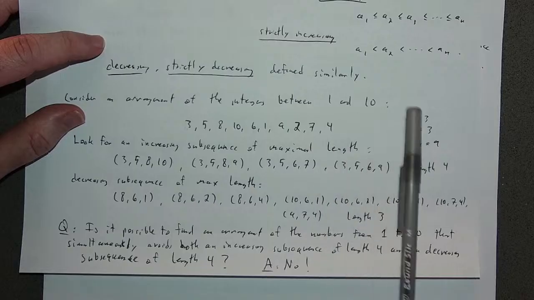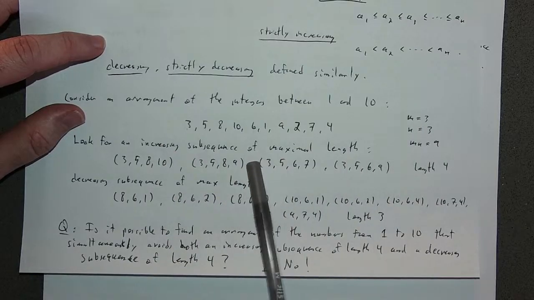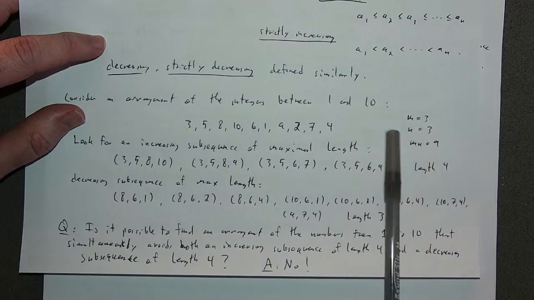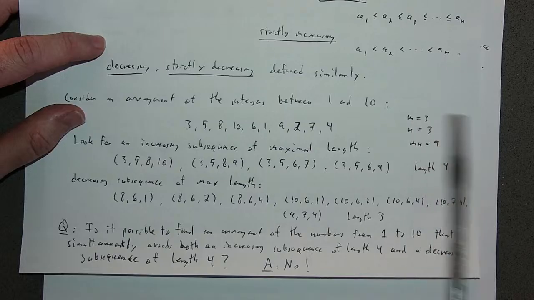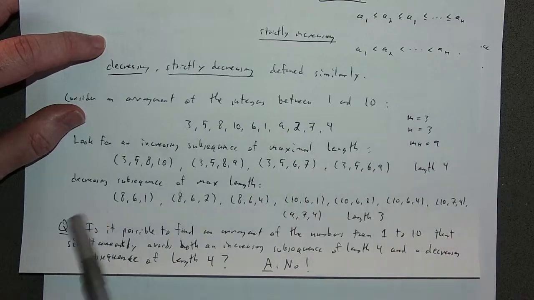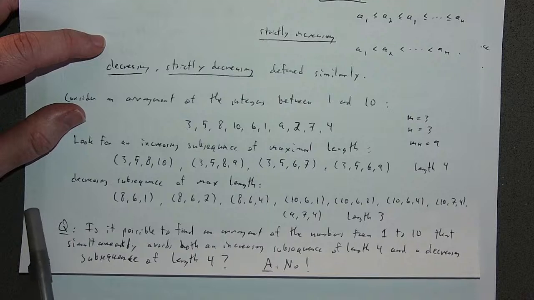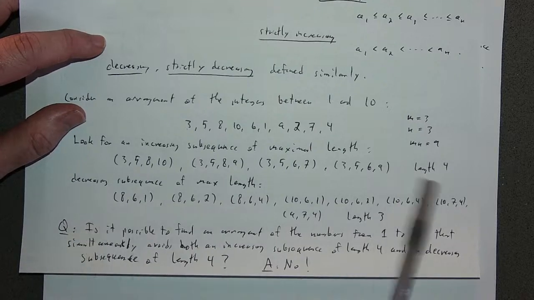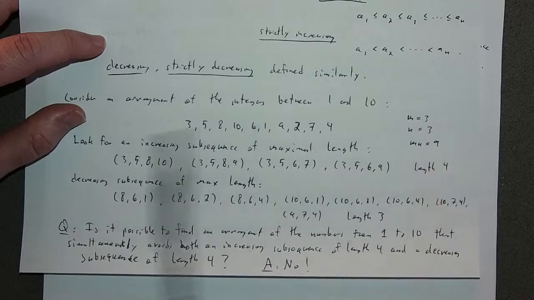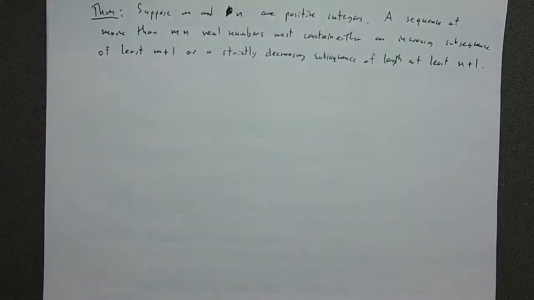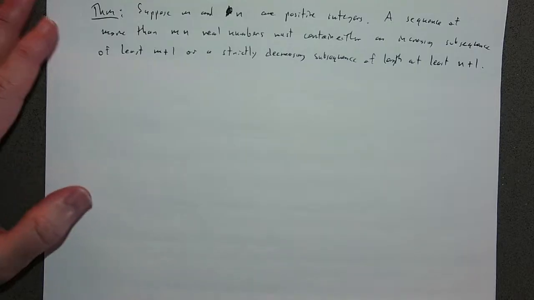So by the theorem, this must contain either an increasing subsequence of length at least m plus 1, which would be 3 plus 1 or 4, or a strictly decreasing subsequence of length at least n plus 1, which would be 4. It doesn't have that, but it does have the first. So the theorem guarantees one of those, and in either case we have one of length 4. So I cannot avoid length 4 there, answering my previous question in the negative.